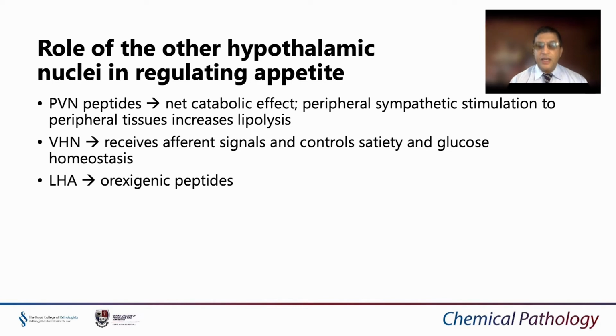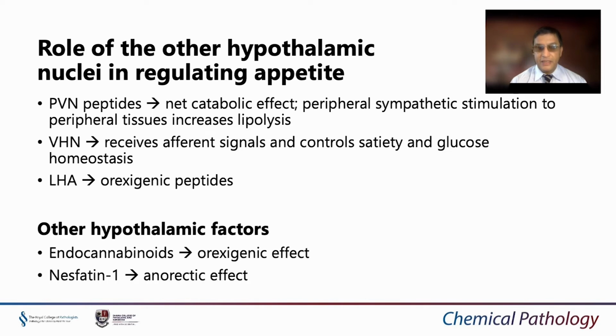VMN receives afferent signals and controls satiety and glucose homeostasis. LHA is important for orexigenic peptides. Other hypothalamic factors include the endocannabinoids, which are orexigenic, and nesfatin-1, which exerts an anorectic effect.